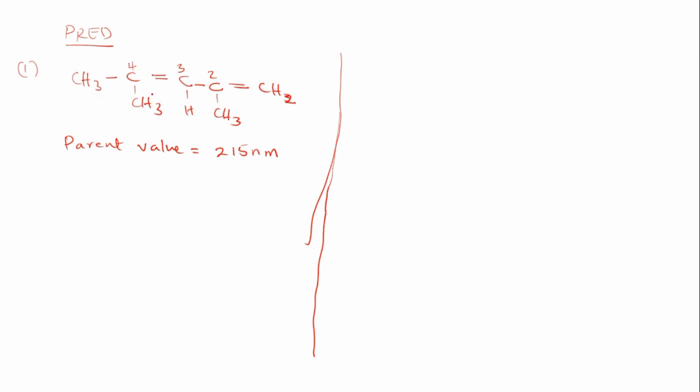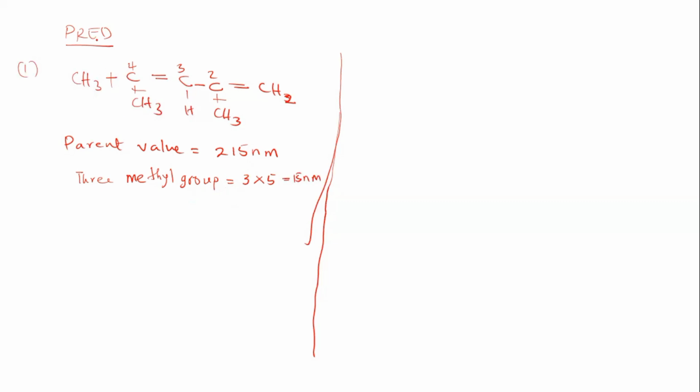So any methyl group joined to them is a residue. We have 3 methyl groups, so that's 3 ring residues. That's 3 times 5, so that's 15 nanometers.